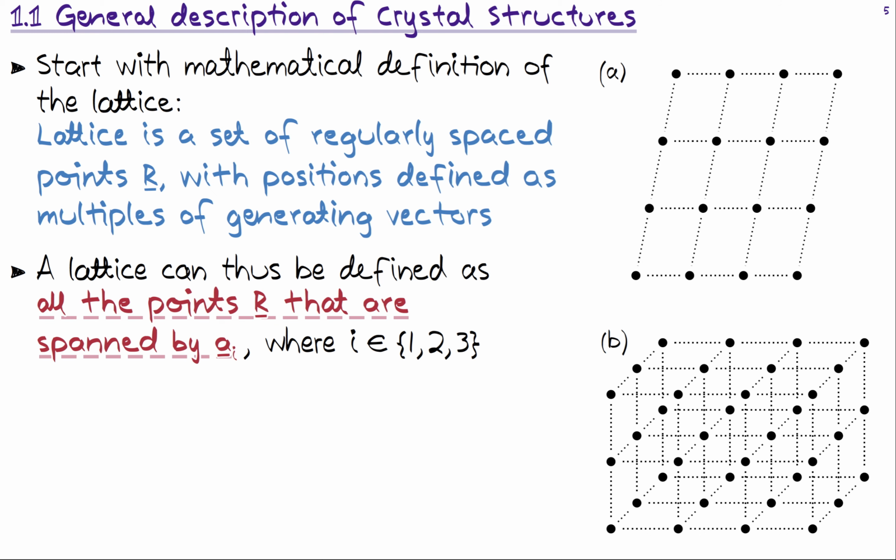One could say mathematically that this space, these points of R, is spanned by the translation vectors A1, A2, and A3. Because of that, we could say that A1, A2, and A3 are the generating vectors of our space.